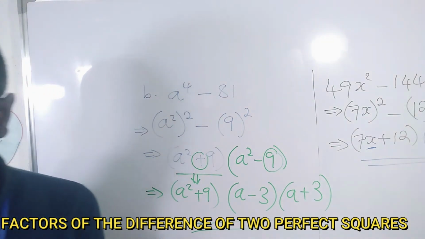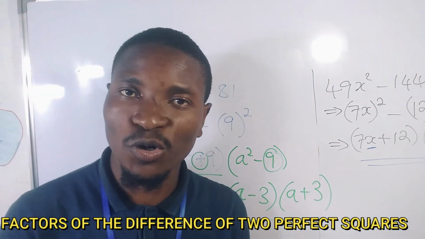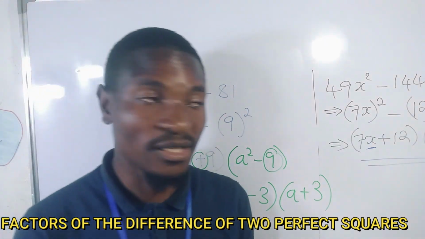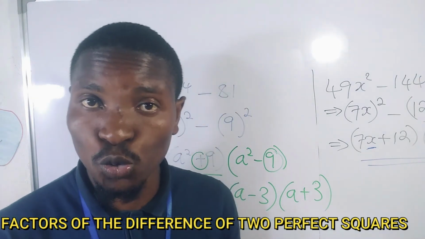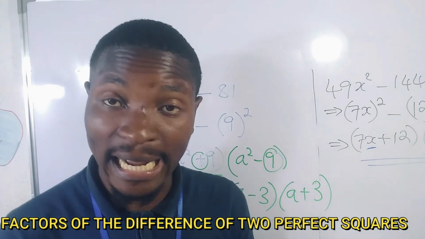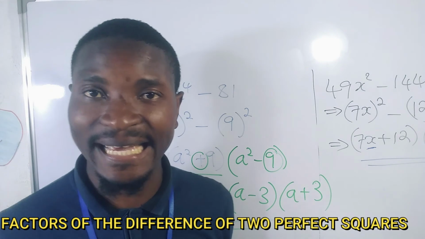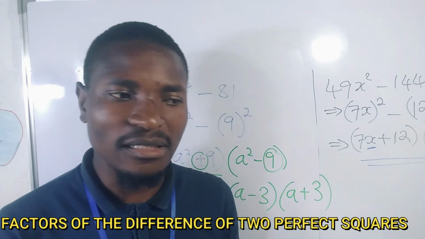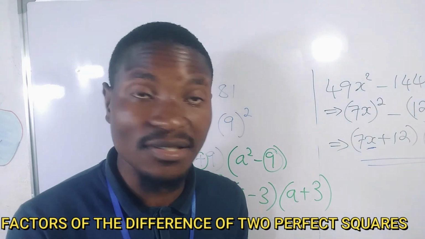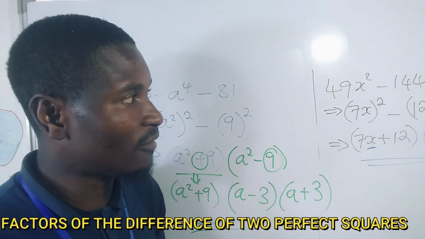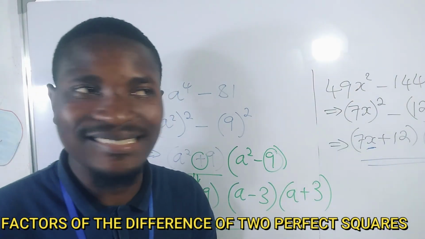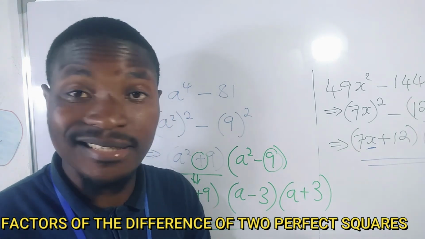So that's all you needed to understand about the factors of the difference of two perfect square numbers. Sometimes you cannot have numbers in such an expression, but you can have just terms which are literally just letters.